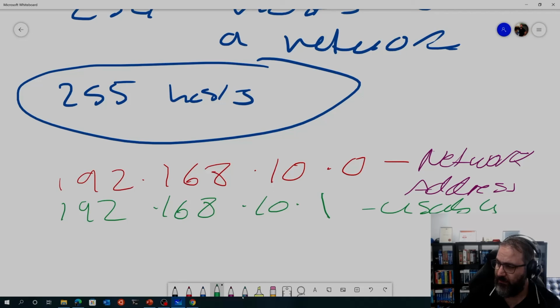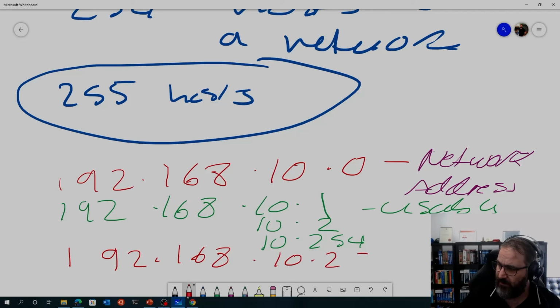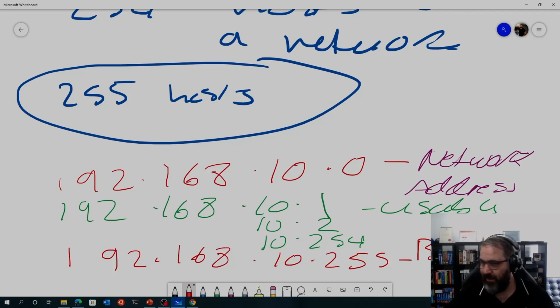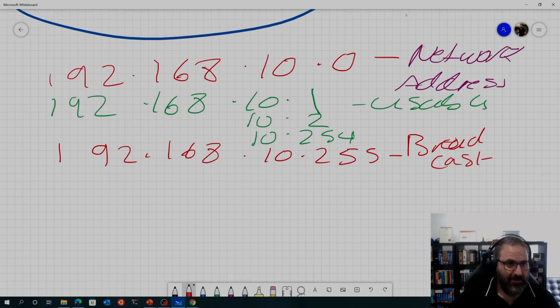We've got a green light here. Then there's the second usable, and we'll go all the way down to 254. If I wrote all this down, I'd be wasting time. This last one here, 192.168.10.255, we can't use because it's a broadcast address.